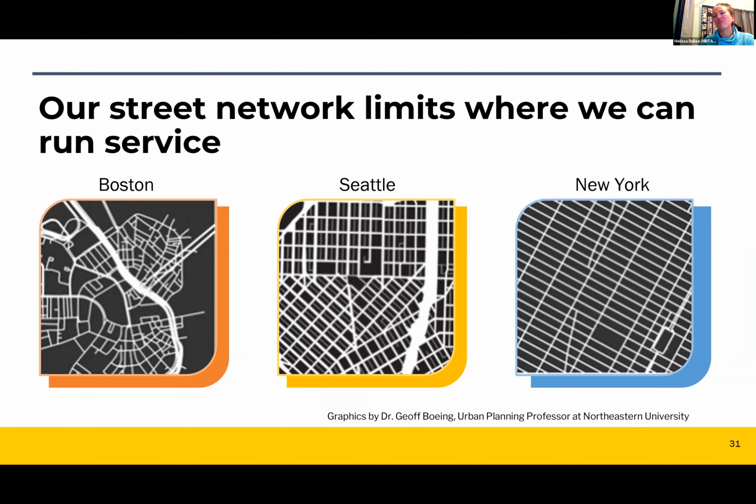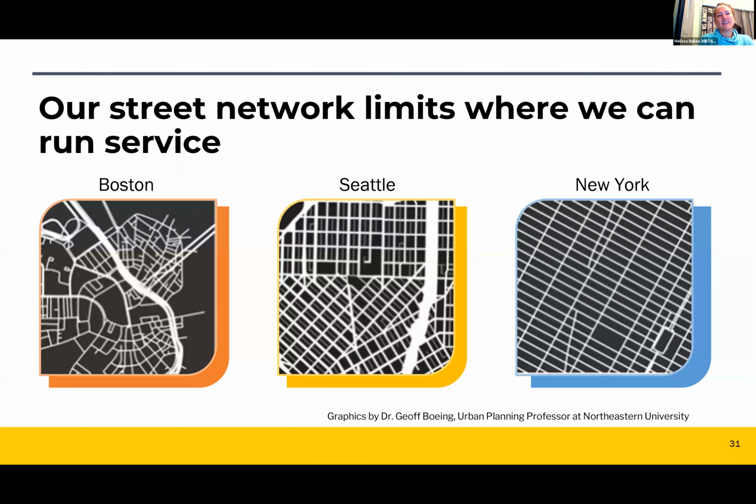And when you have river crossings and harbor crossings and these curvilinear road networks, it constrains where you can operate buses and the shape of your network. So that's just the ground on which we're building our network.